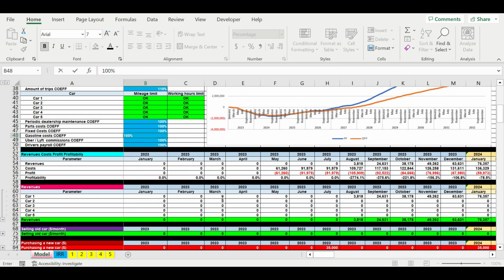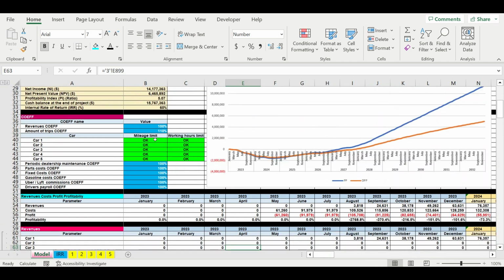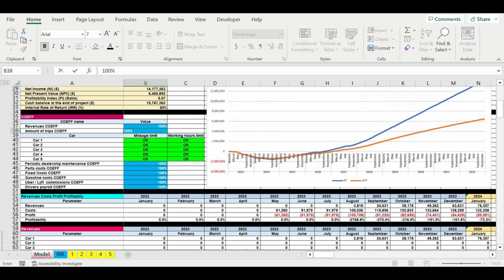So now we can easily play with all these coefficients and look quickly at their total revenues, total costs, total profit, the level of profitability.